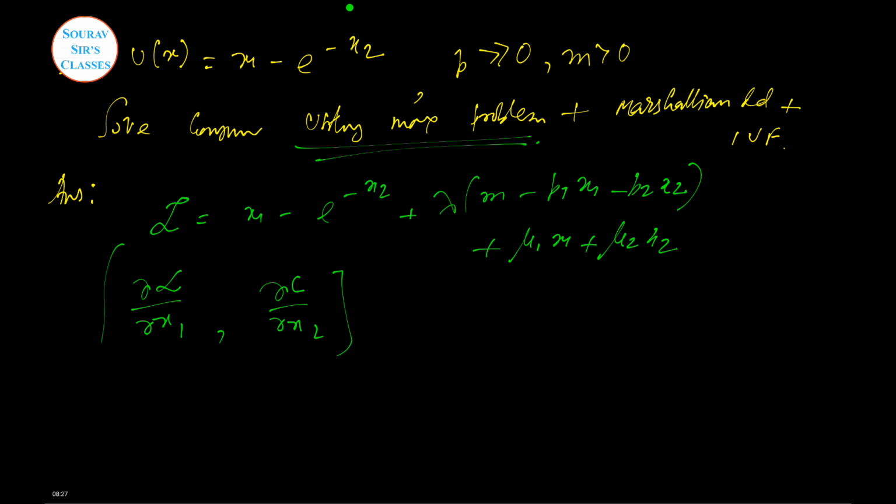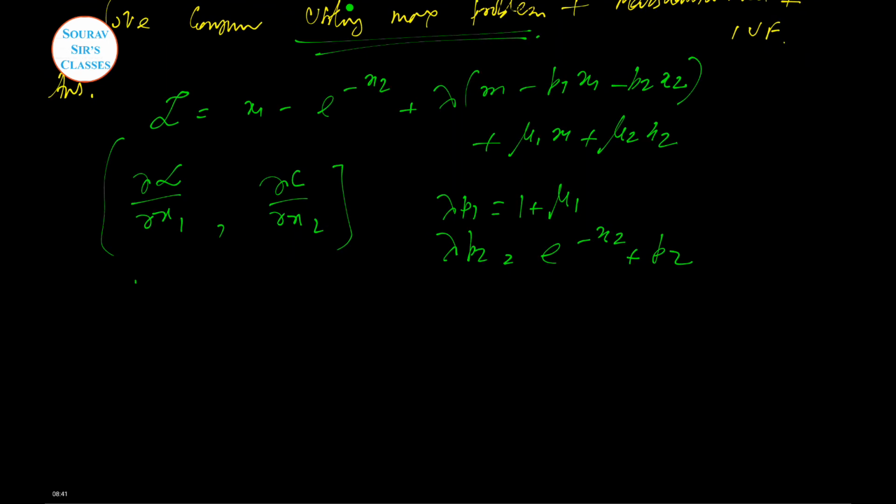You can solve it. That will finally give you lambda p1 equal to 1 plus mu1 and lambda p2 equal to e to the power minus x2 plus mu2. So there are 3 cases to consider. Case 1: x1 equal to 0, x2 equal to m by p2, that is greater than 0 again.